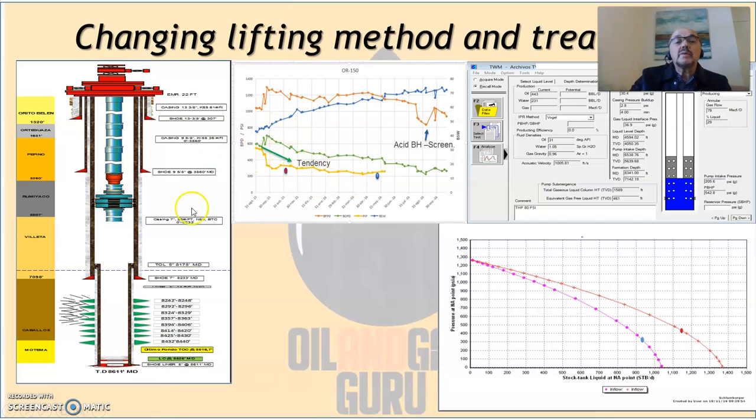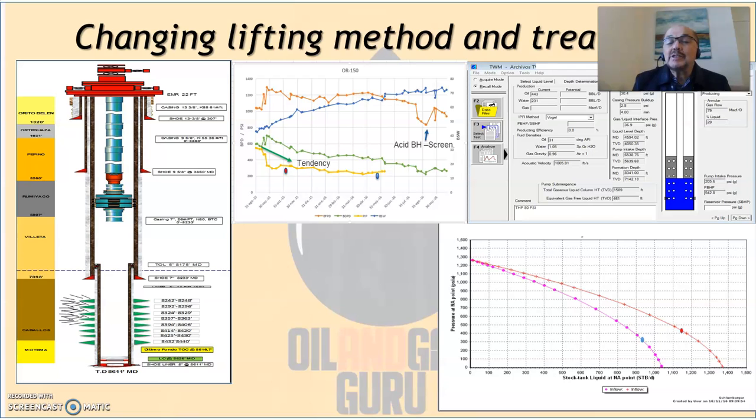So what did we do? We installed an ESP close to the formation. We increased the gross rate, but the water cut started increasing, and the oil was getting lower. We took some action. We did some acid job. Well, we did it, and this is an important point: we did it bullheading.